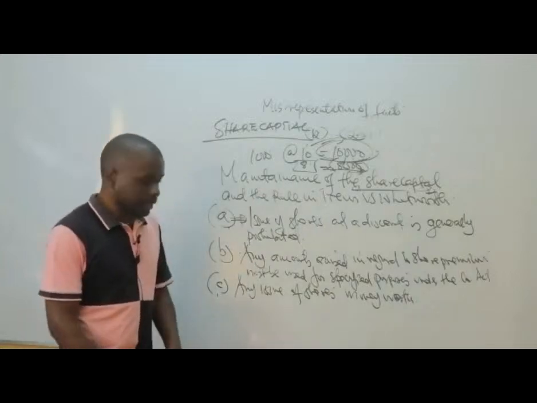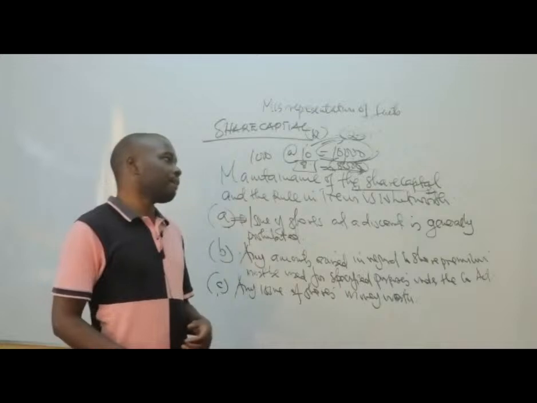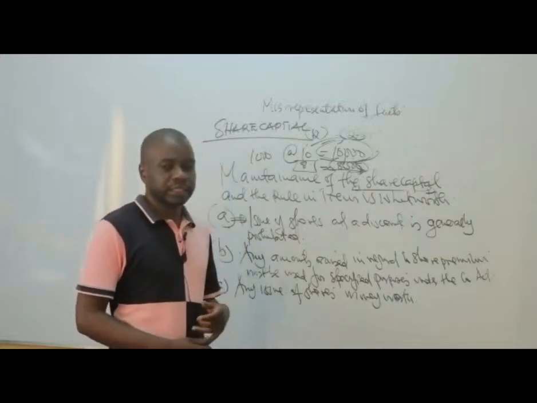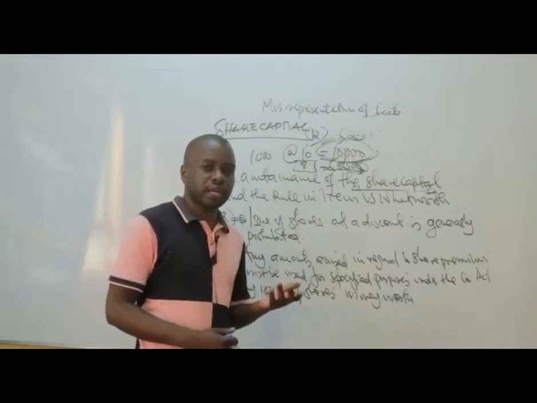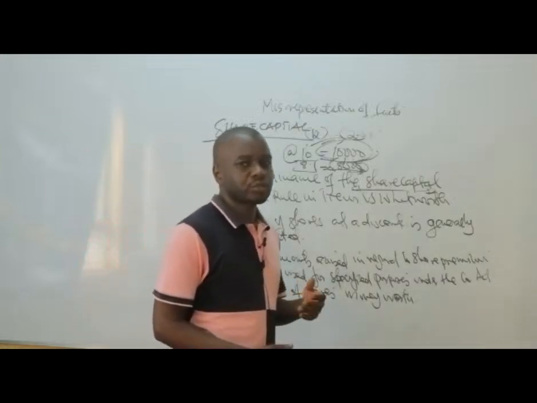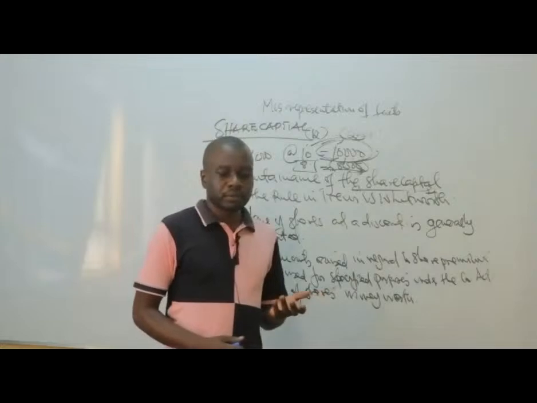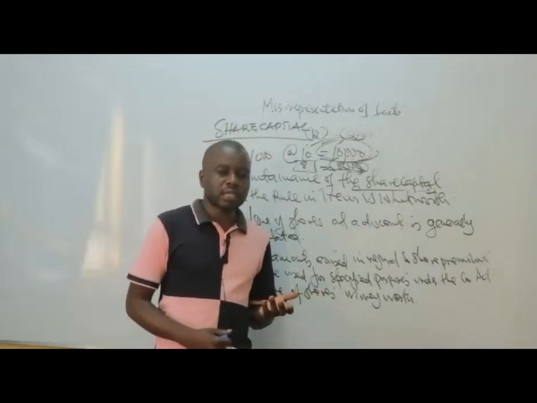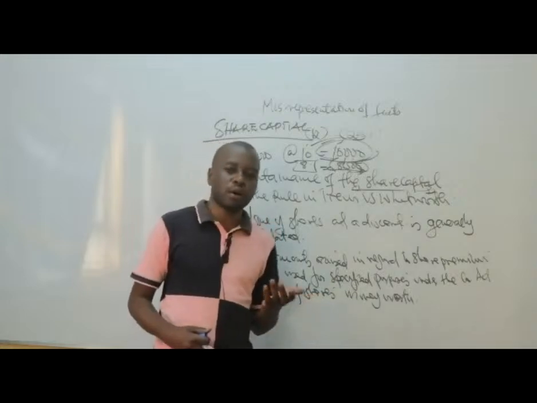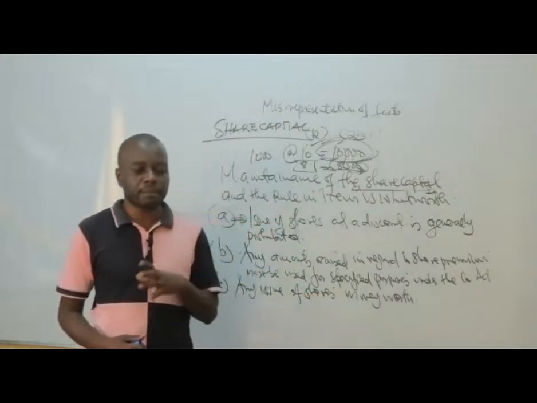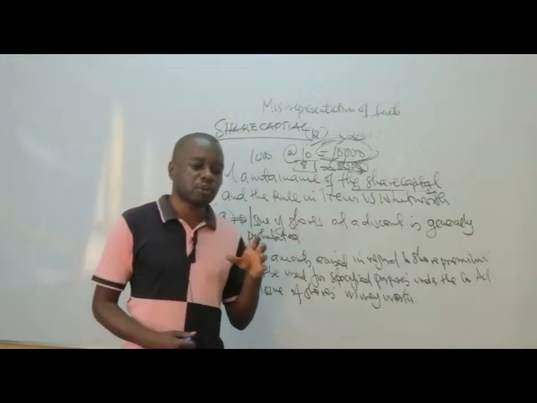Then another way is that if the company has given out shares for any other consideration, maybe someone worked for the company, so they have decided to give him shares, such a consideration should be covered for. They should look for a way to get the amount to cover for such a consideration.